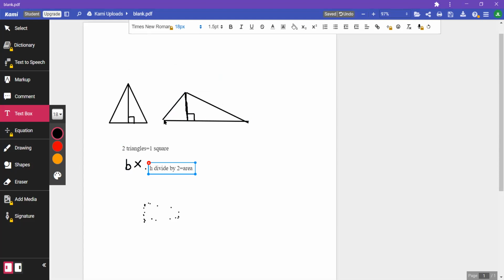The bottom line here or here, multiply by the height. Here is another example. You must draw the little half square to show it's the height. Then you divide by 2, and you get the area.